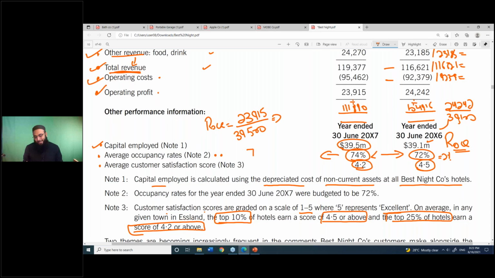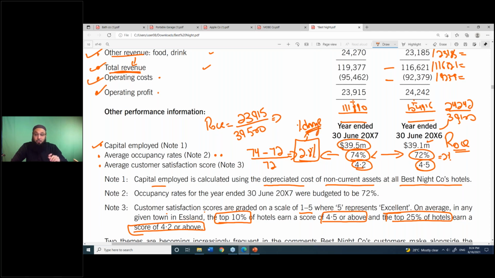It's very simple. 74 is the latest occupancy percentage, divided by 72, the previous one. 74 minus 72 divided by 72 is 2.8%. 2.8% is the percentage change in the occupancy rate.